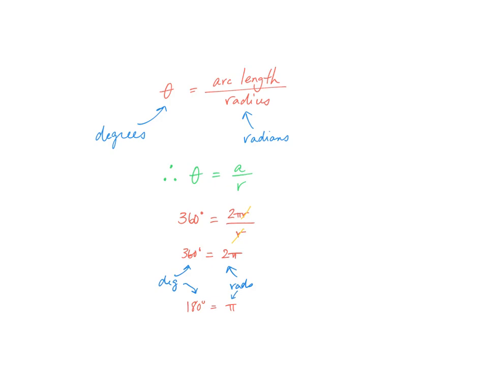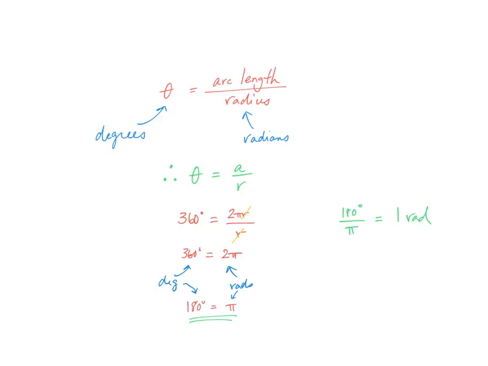So that kind of makes sense. If all the way around in a circle is 2 pi, then halfway through that circle, 180 degrees, would be 1 pi. Now, this last line should also not surprise us, because if we remember from our investigation on radian measure, we knew that 180 degrees divided by pi is 1 radian.